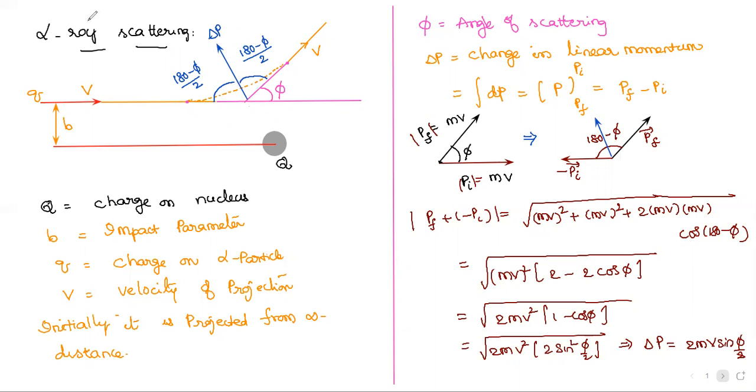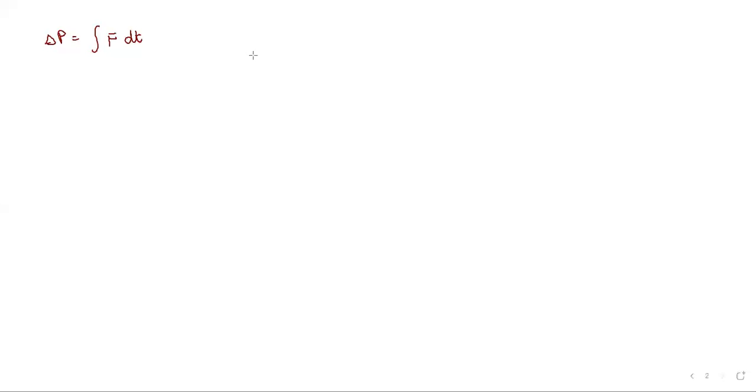So on the next page, this is the reference line for me, delta p. At an instant, suppose the alpha particle is here, I take this as the force. Better I take it like this to measure the angle at an instant.